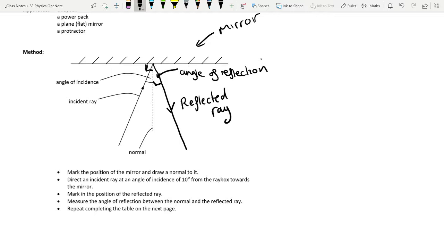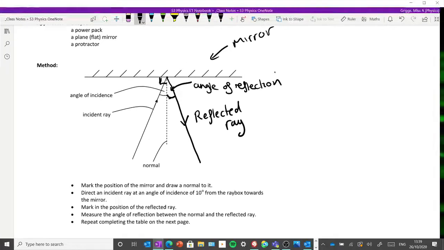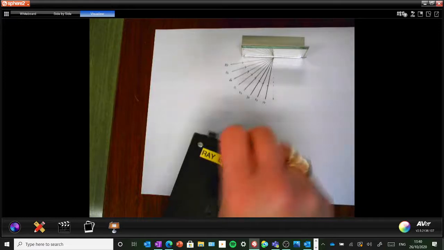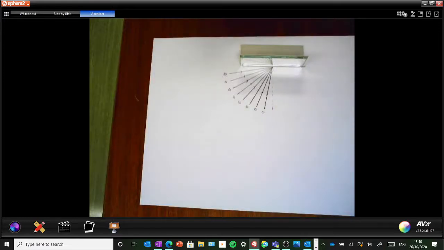Inside your toolkit there are a variety of different things. You're going to be looking for the mirror and a ray box. Right in the middle of your toolkit there is a ray box, and you need to plug that into your power supply, which should be next to your toolkit.